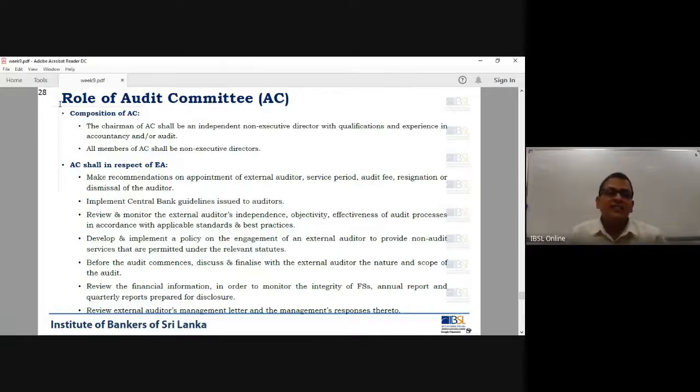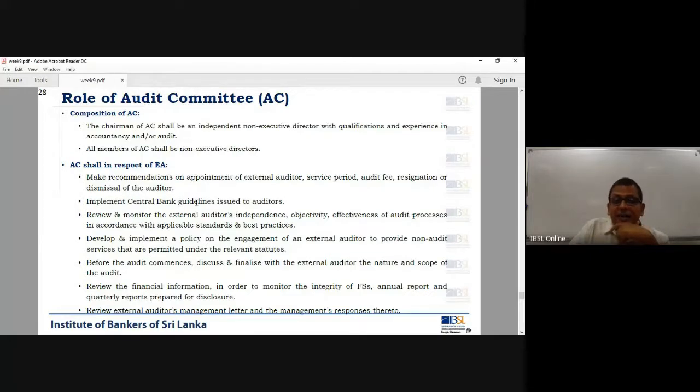The audit committee has some responsibilities with respect to the external audit function. The first one is to make recommendations on the appointment of the external auditor, service period, audit fee, and resignation or dismissal of the auditor.